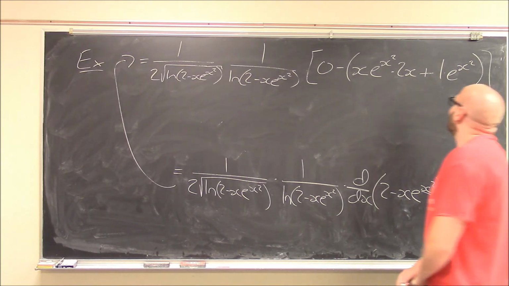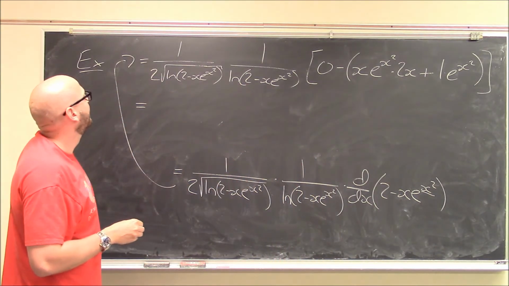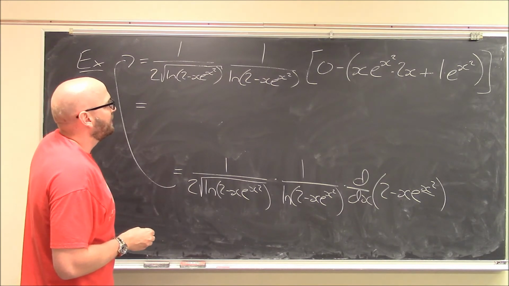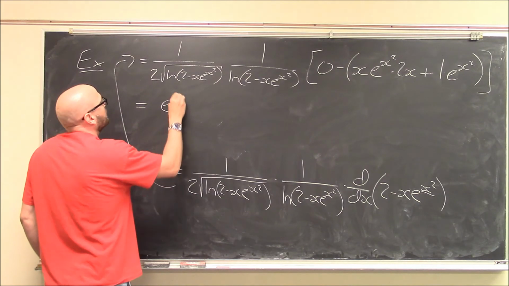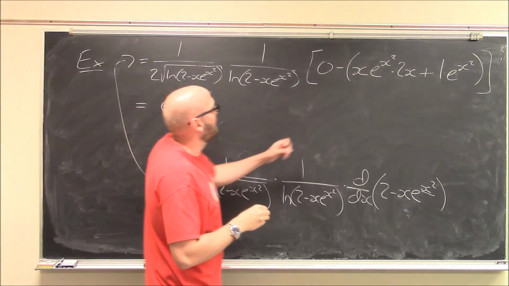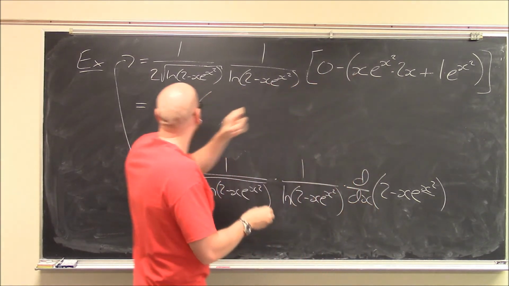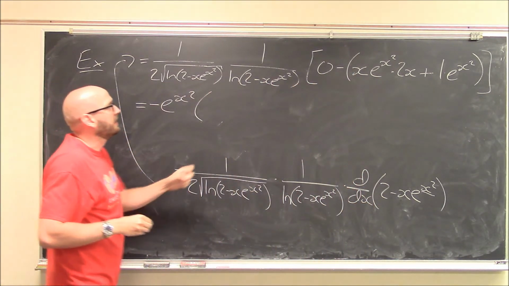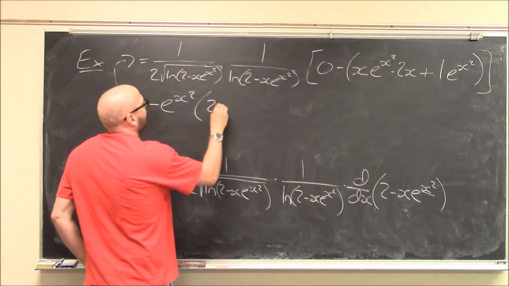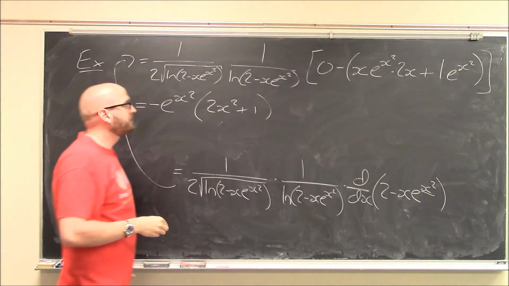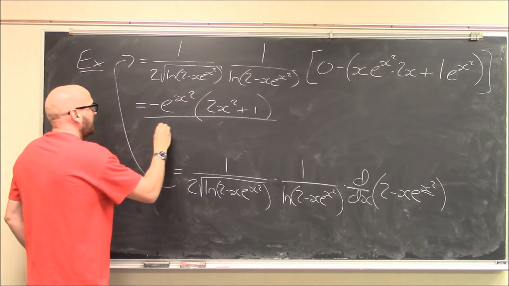Alright. And I think with that we can clean up this whole thing. How are we going to write the top? Let's factor out e to the x squared. E to the x squared times, what do I have? Well, I have a minus, so let's actually put the minus out front too. Minus e to the x squared times, what am I left with? I'm left with 2x squared plus 1, all over everything that was down at the bottom, and I suggested how we can clean this up.